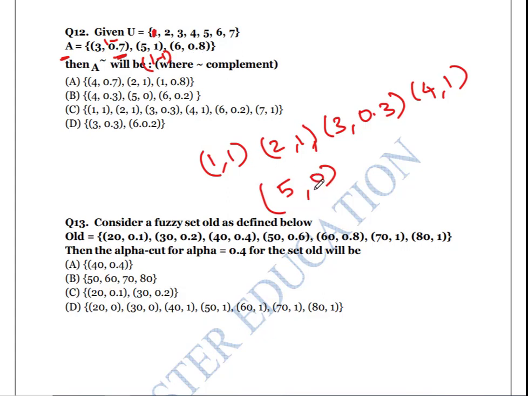If this value is 0, you need not write it. The next is 6, 0.2, and 7, 1. So this option is available in option C. If there is 0 in the y axis, you need not write it.